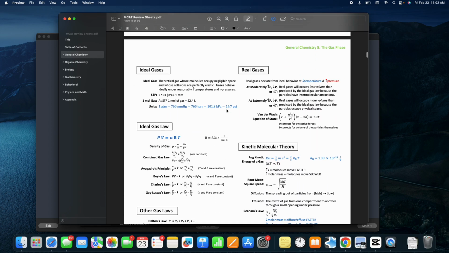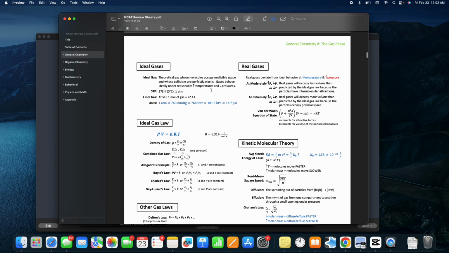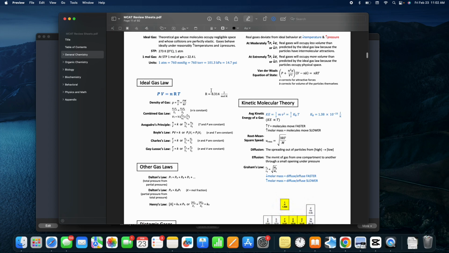So now the GC8 is about the gas phase. We do have fluids in the physics as well, but let's start here with the gases.